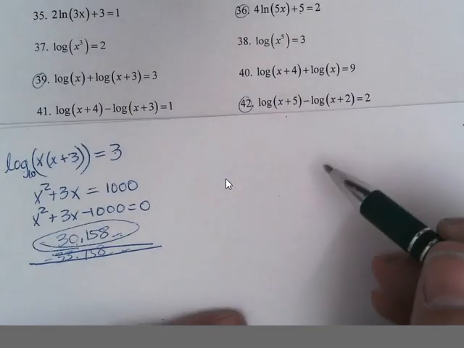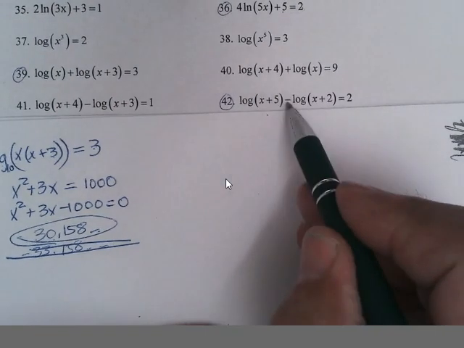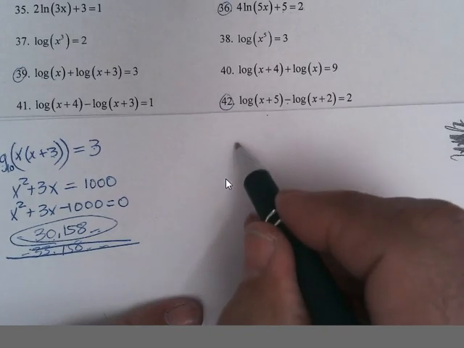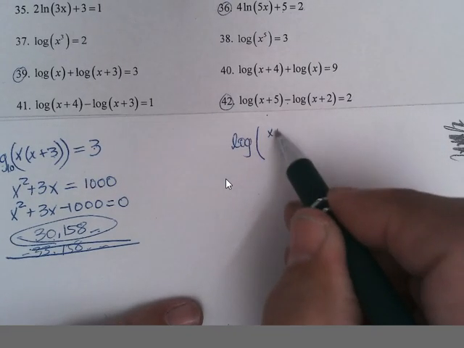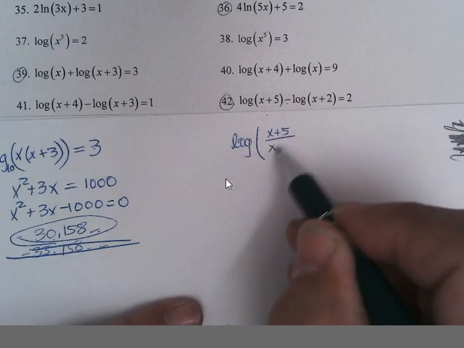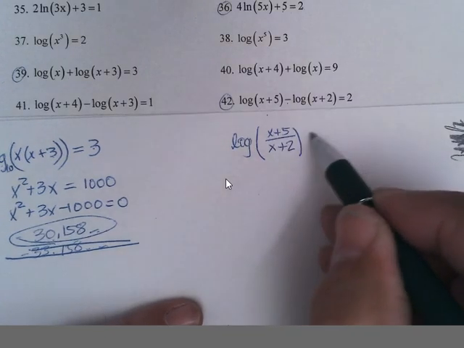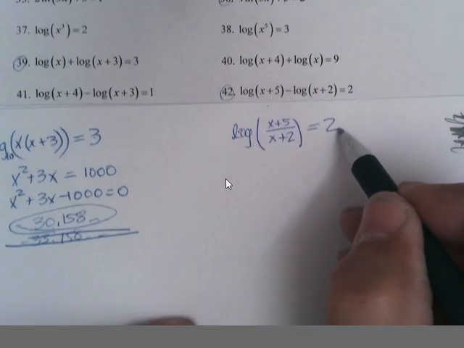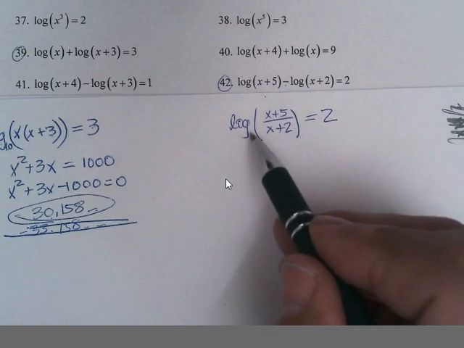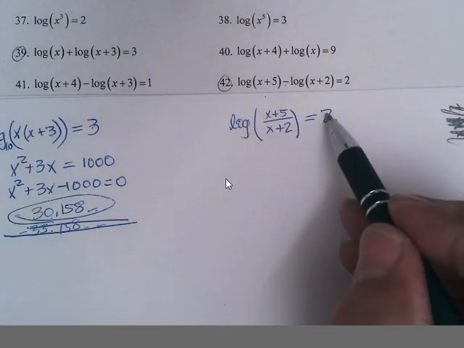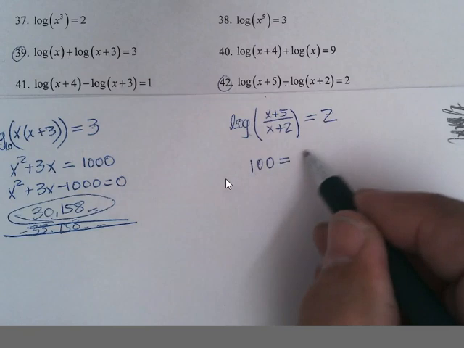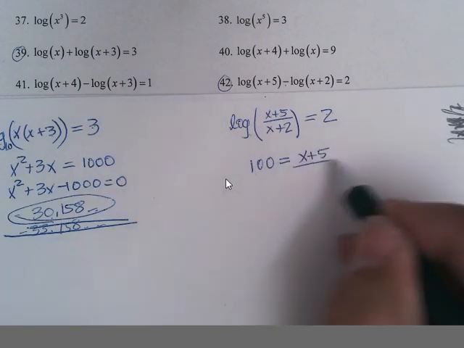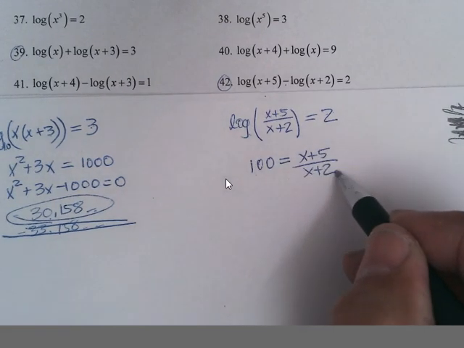42. We've got subtraction, so that means divide. Log base 10 of x plus 5 over x plus 2 equals 2. So going to a power equation, 10 to the 2, 10 squared is 100, equals x plus 5 over x plus 2.